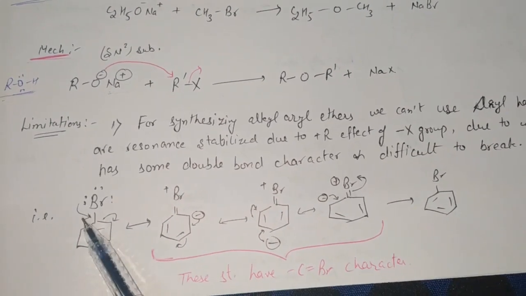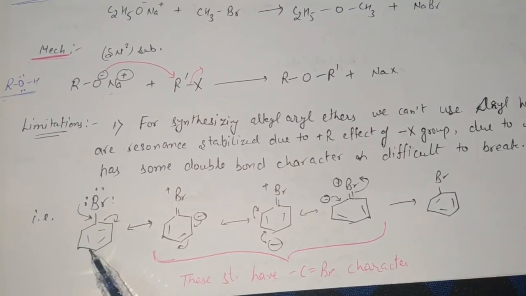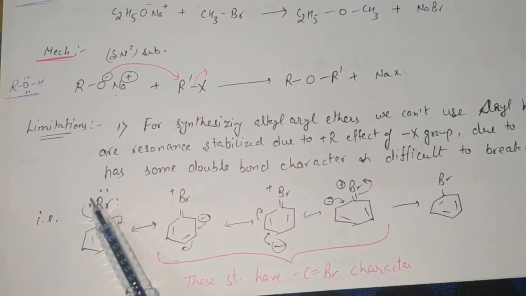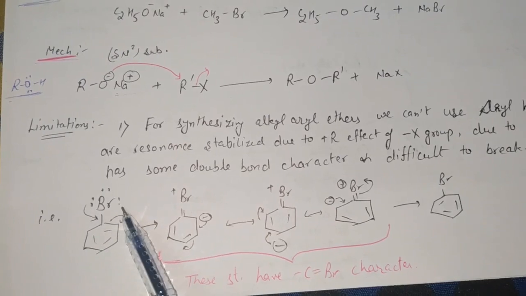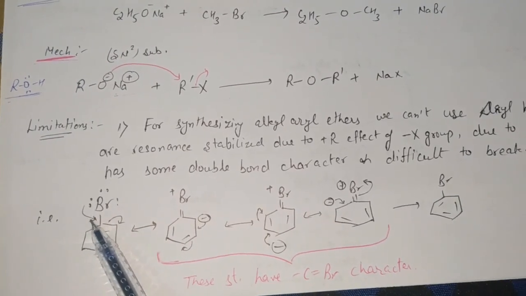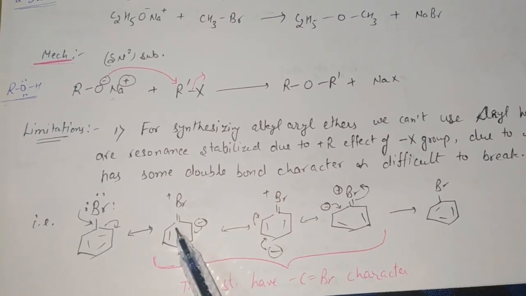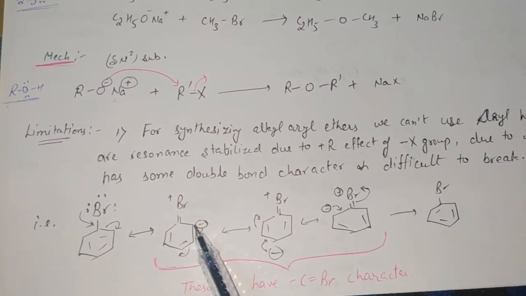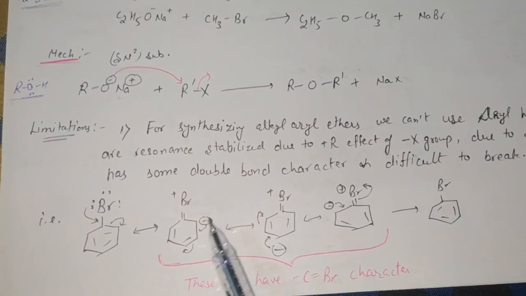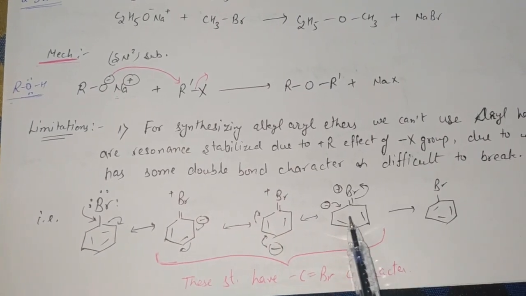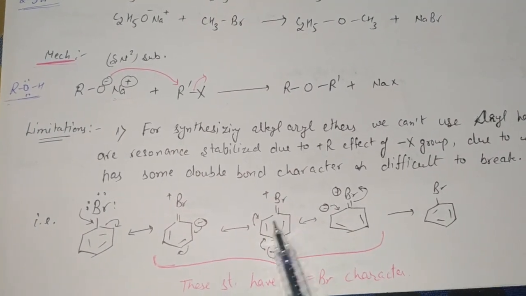As we have written here, in phenyl bromide, bromine has 3 lone pairs and its lone pair will participate in the resonance. This carbon-bromine bond will be a double bond and this carbon will get a negative charge. Also, these further structures have a carbon-bromine double bond.